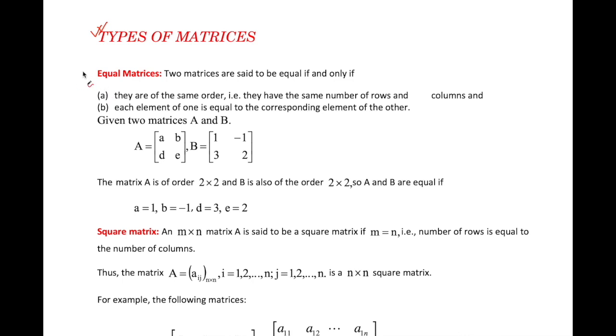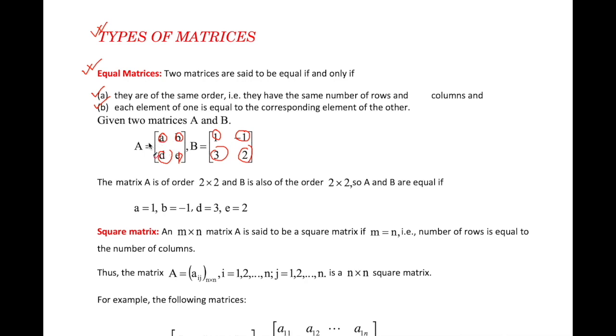For example, two matrices are said to be equal when they are of the same order and the corresponding entries of the two matrices are the same. For example, if A and B are equal, then we can say A equals 1, B equals -1, D equals 3, and E equals 2.